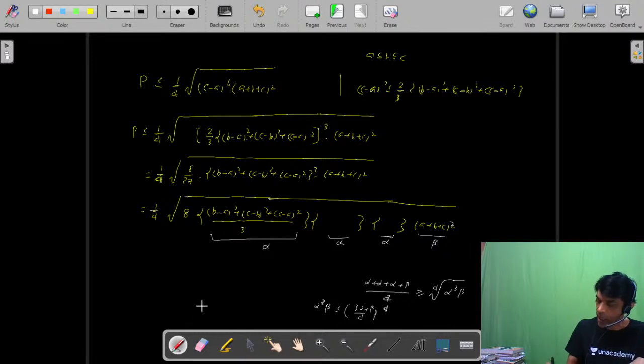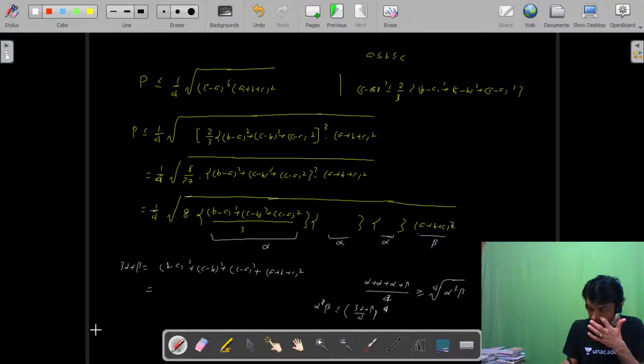And what is 3 alpha plus beta? 3 alpha plus beta means you have got (b minus a) squared plus (c minus b) squared plus (c minus a) squared, and plus (a plus b plus c) whole square. That's really nice. If you check that out, you will get 2 times a squared, b squared, c squared, and minus ab minus bc minus ca.